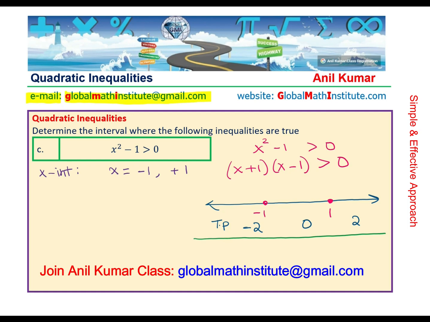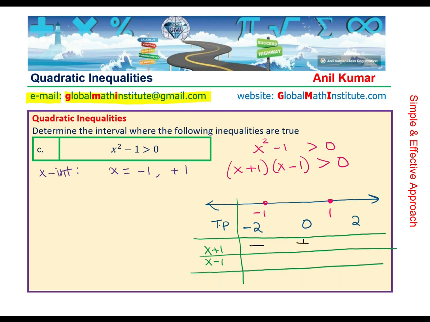The factors are x plus 1 and x minus 1. If I substitute minus 2, I get a negative number, 0 will give me positive, 2 will give me positive. In x minus 1, I'm going to get negative, negative, and here I'm going to get positive.